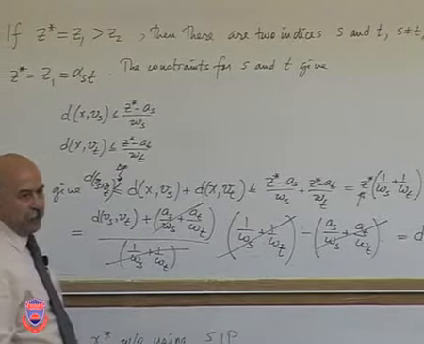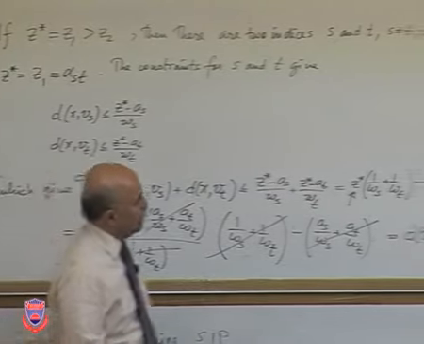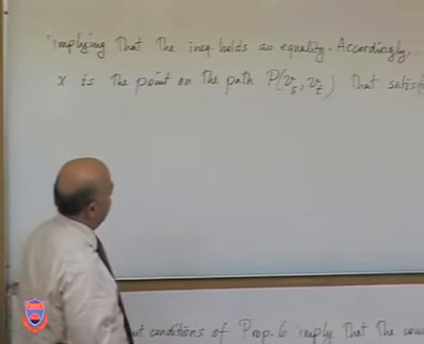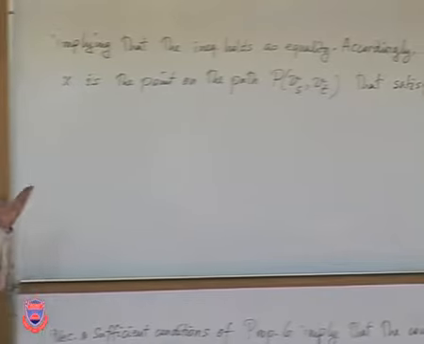So it's the unique point on the path connecting Vs and Vt. Why is it on the path?